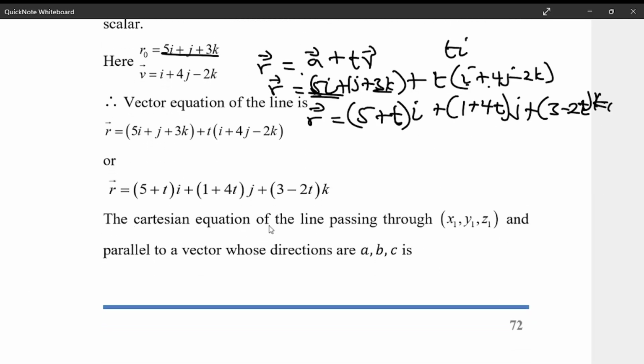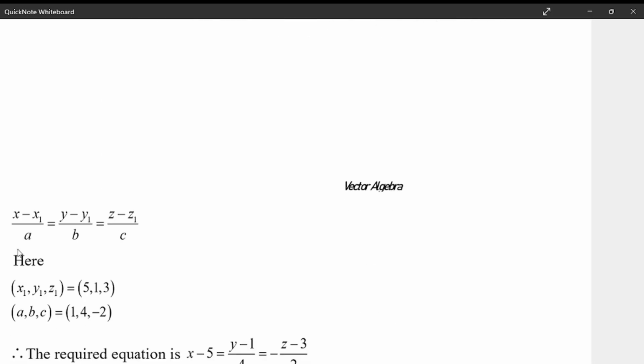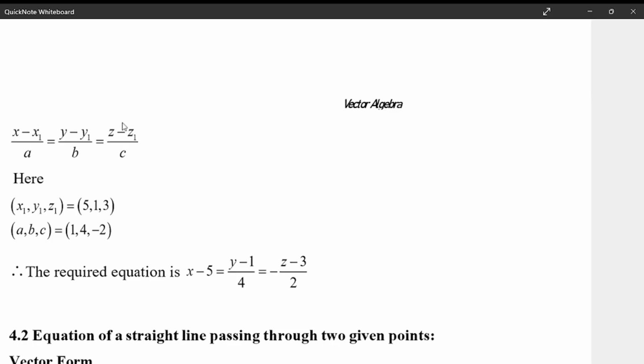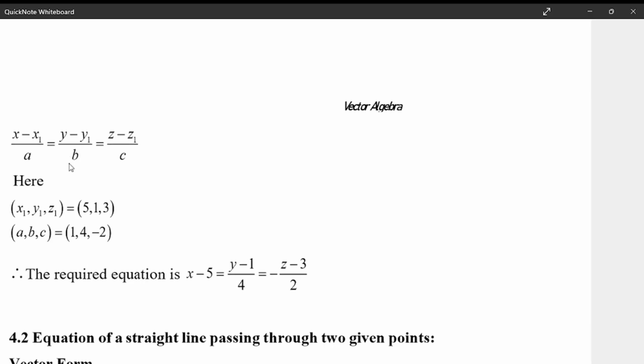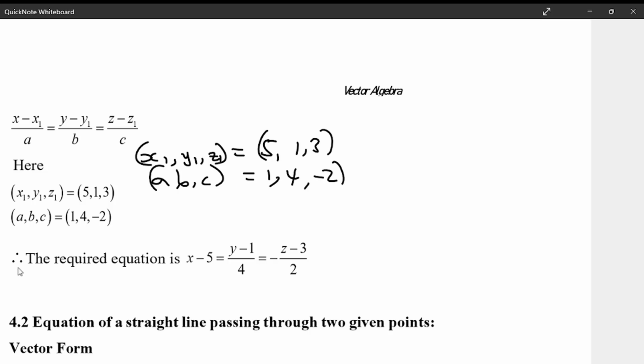So the Cartesian equation of the line passing through (x1, y1, z1) and parallel to the given vector is also given as (x - x1)/a = (y - y1)/b = (z - z1)/c. And we know that our (x1, y1, z1) is equal to (5, 1, 3), and our (a, b, c) is (1, 4, -2) from the question.